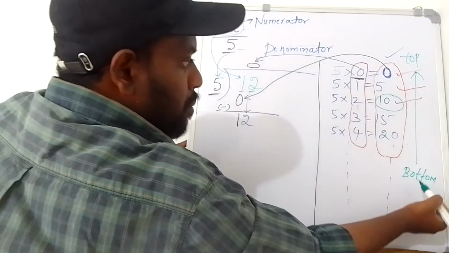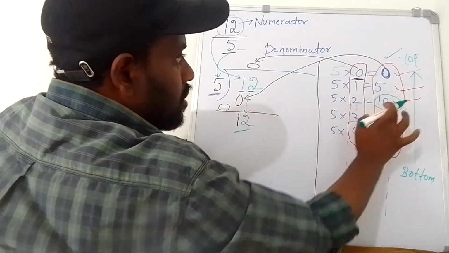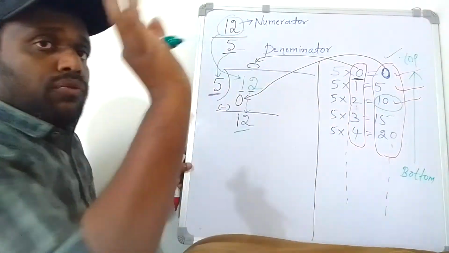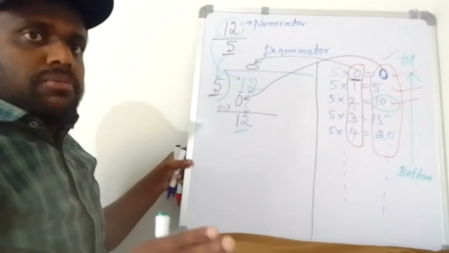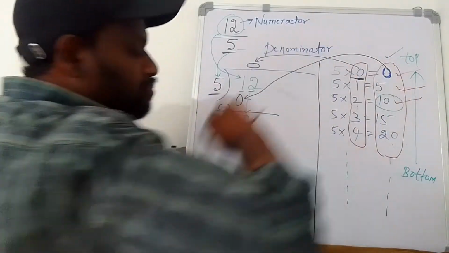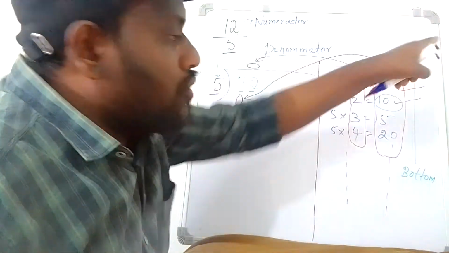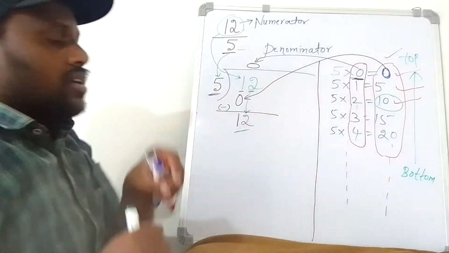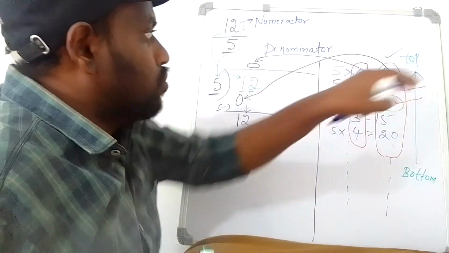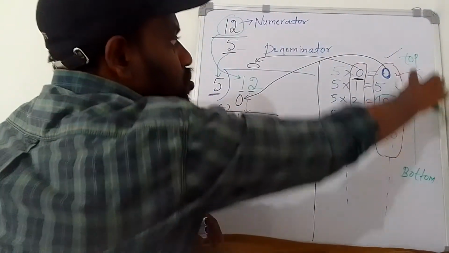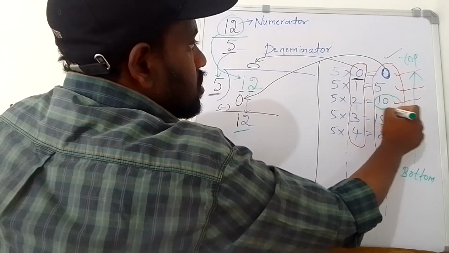When you check from bottom to top, the first number which is less than 12 is 10, not 0. When you check from top to bottom, the first number which is less than 12 is 0. But direction is also important. From bottom to top, there are 3 numbers, 10, 5, 0, and the first number in this direction which is less than 12 is this 10.